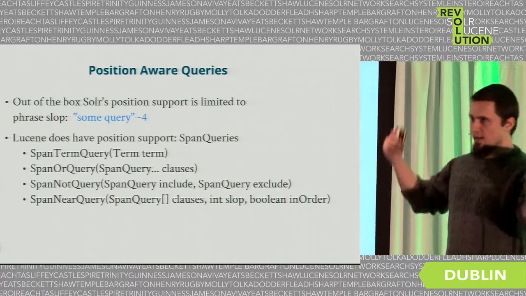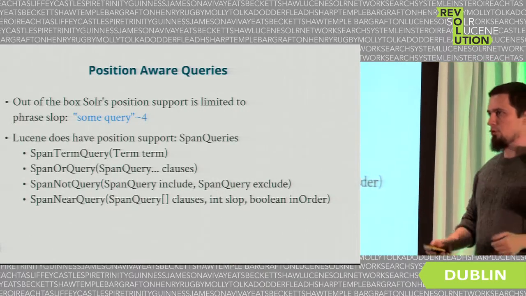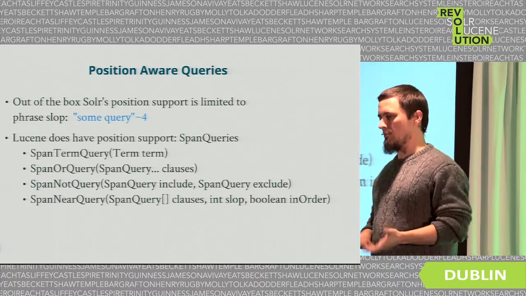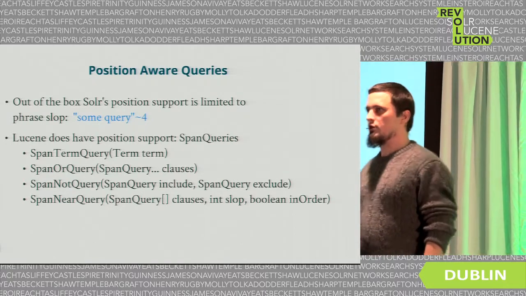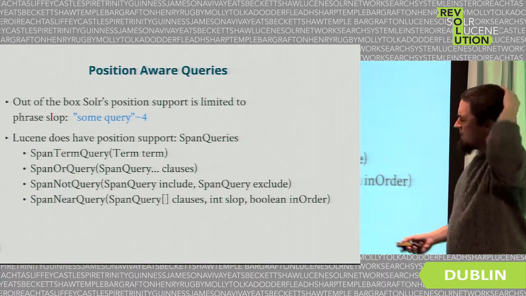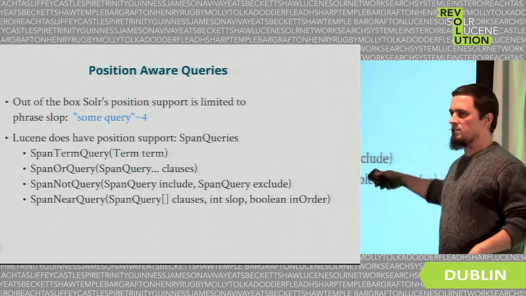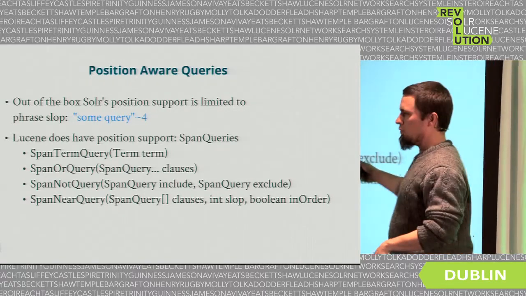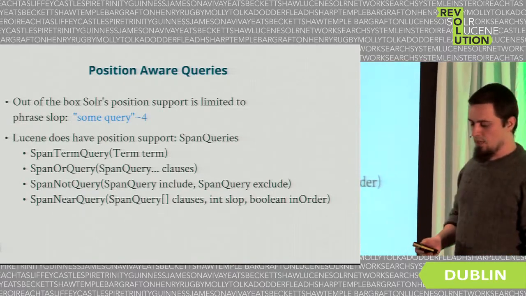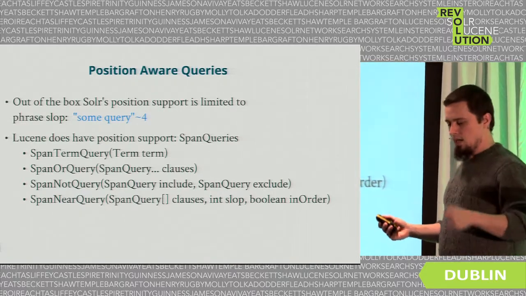But if you peel back Solr and look deeper into Lucene, you actually have a whole branch of query types that provide a much richer palette for making position-aware queries. If I had it to do over again, I'd probably rearrange these bullets here. The most important bullet is the span near query at the bottom. This is your basic building block.